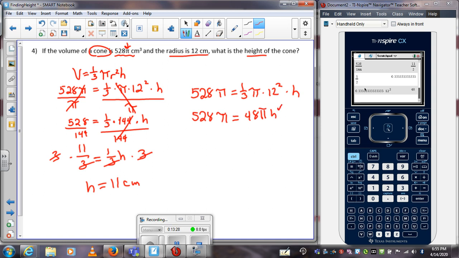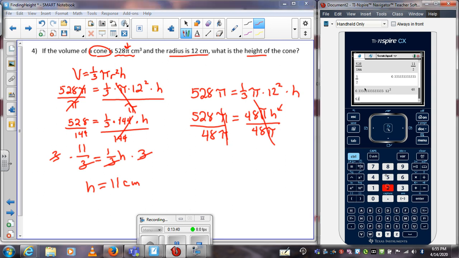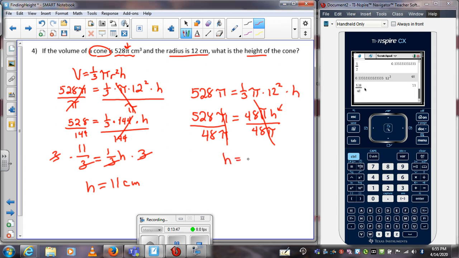So now if I'm solving for h, I need to get rid of the 48 and the pi. So I'm going to divide both sides by 48 pi. So the pi's cancel. And now on your calculator you just have to do 528 divided by 48, and that should be 11, and it is. So the point I was trying to make is you can divide it in pieces, or you could multiply it and then just divide once. It's totally up to you. You've got lots of options there.